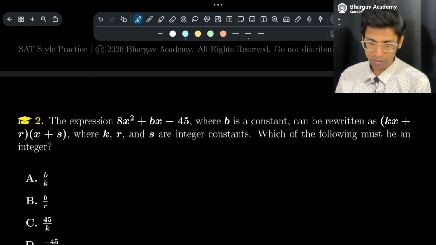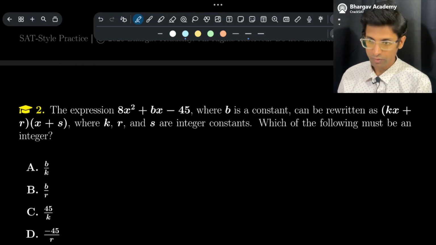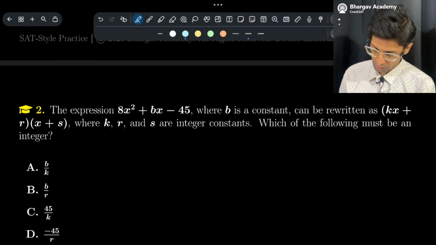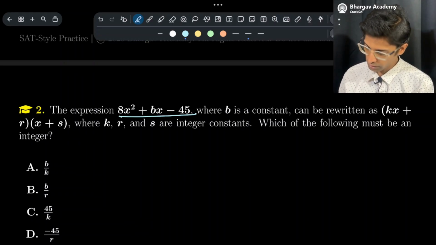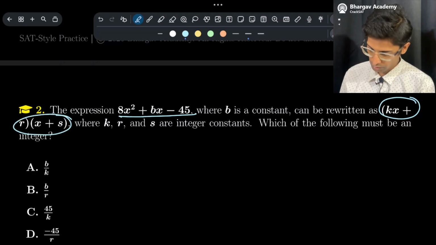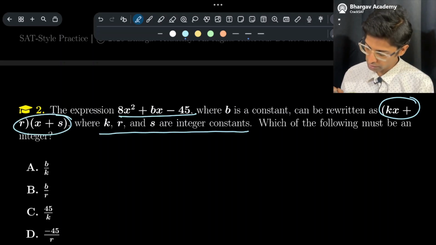So this is the question. I have an expression here where b is a constant, and this expression can be rewritten like this, where k, r, s are integer constants. Which of the following must be an integer?